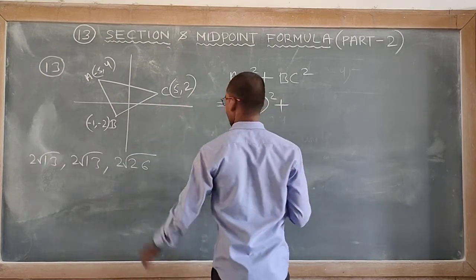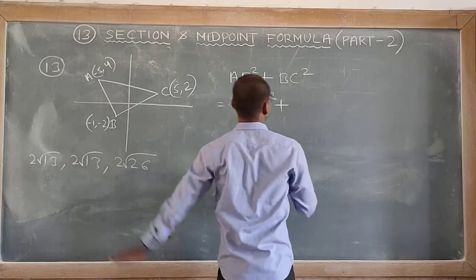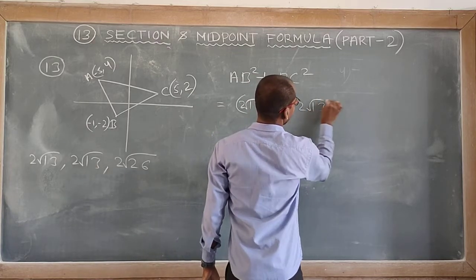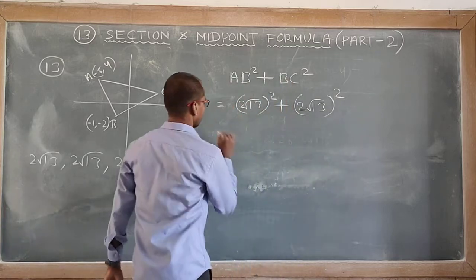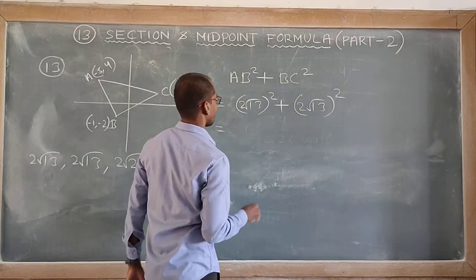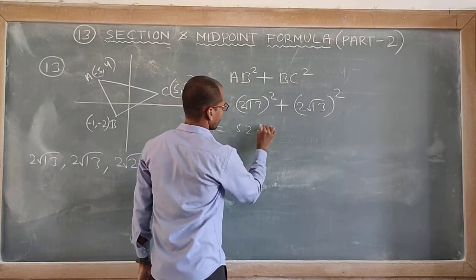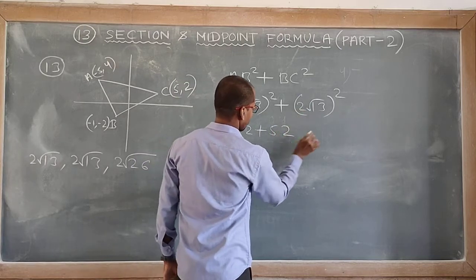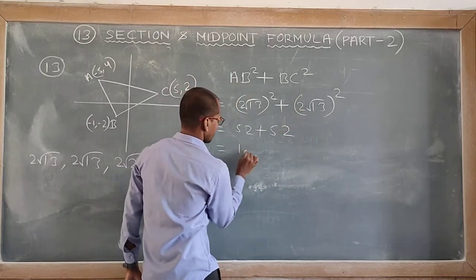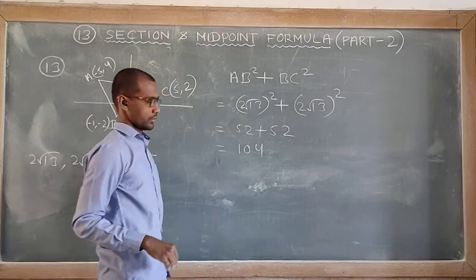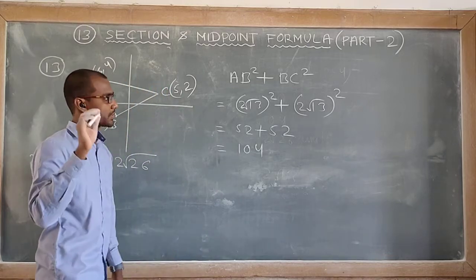What is BC square? Again 2 root 13, whole square. Its square is 52. Its square is 52, which is 104. So we got AB square plus BC square.